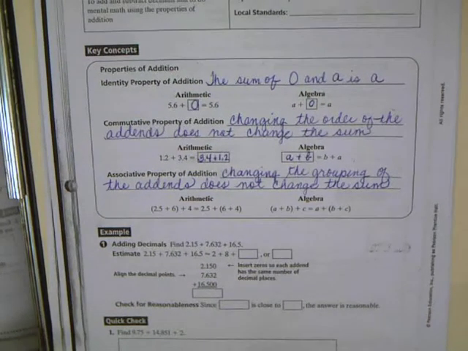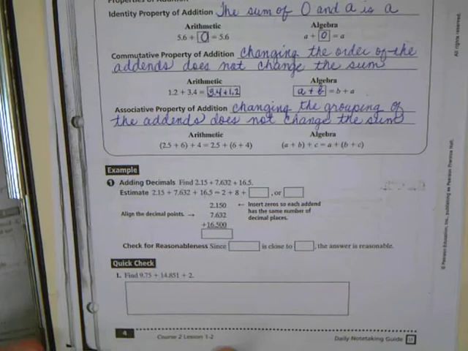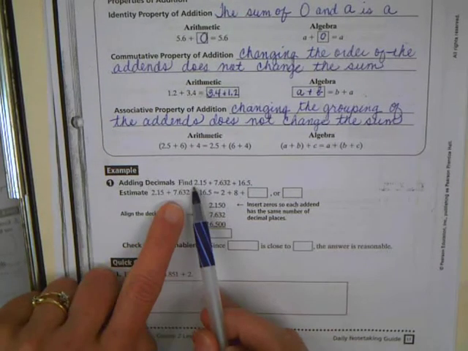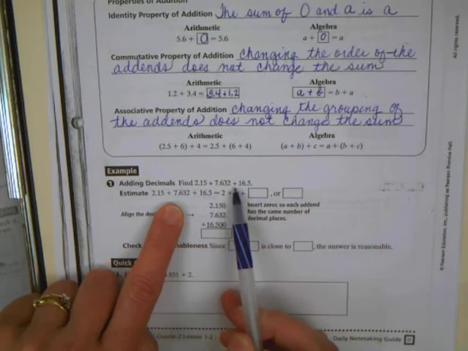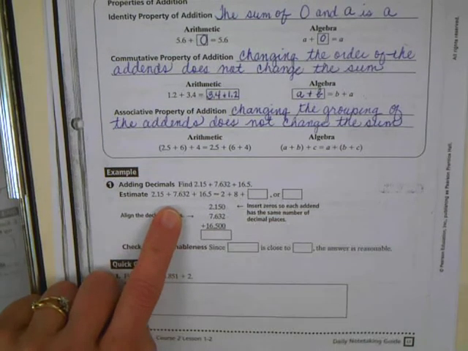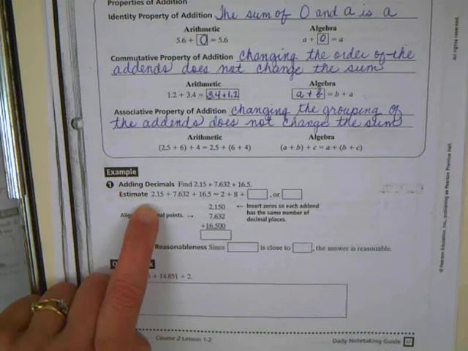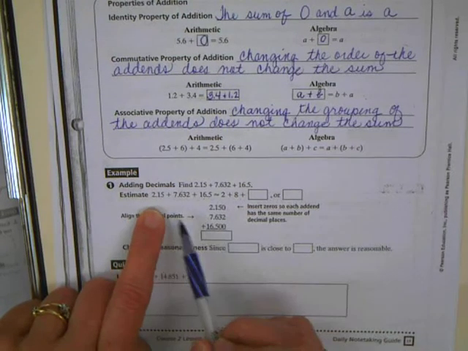So if we want to, let's go ahead to example number 1. Find 2.15 plus 7.632 plus 16.5. The first thing we want to do is go ahead and estimate so that we know approximately what our answer should be by the time we're finished. So we will round each of these to the nearest whole number.